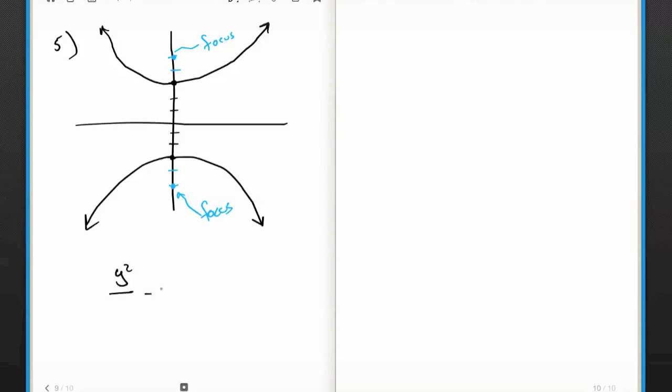y squared over something minus x squared over something equals 1, right? It opens up and down, and the vertices are at 3, so I know this is 9.